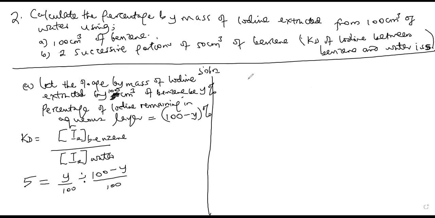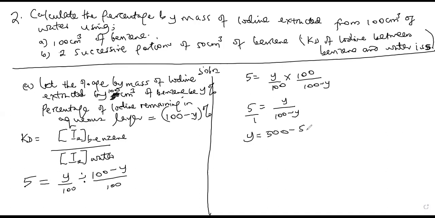So this one will give you 5 is equal to Y of 100 times 100 of 100 minus Y. When this one is cancelled, I'll be left with 5 is equal to Y out of 100 minus Y. So we shall have, cross multiply, 500 minus 5Y, right?